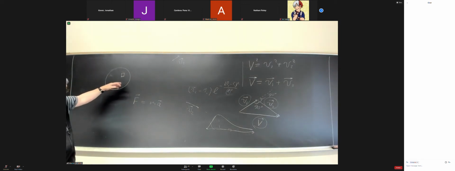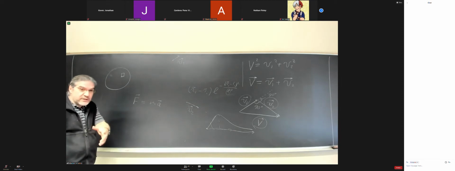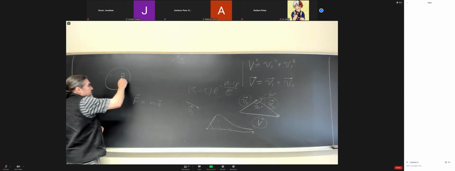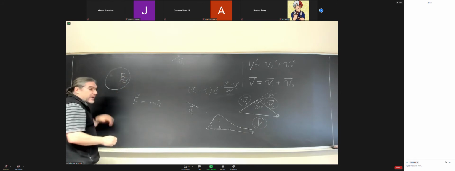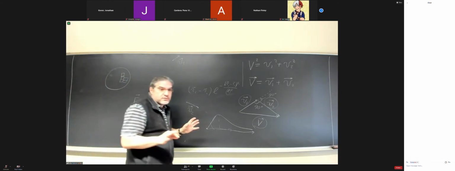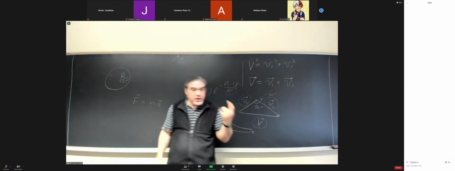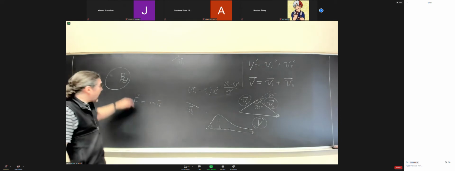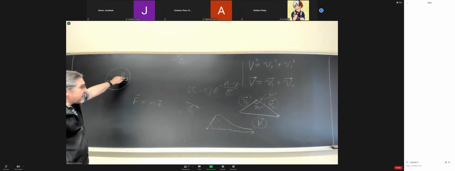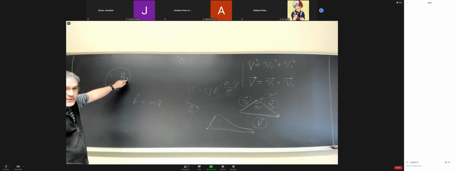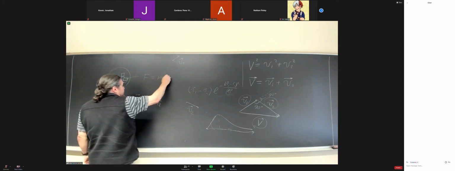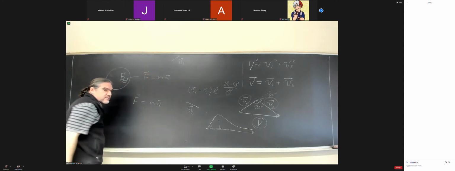But in reality, it's not the ball which is moving. I can think about the ball as a collection of many pieces, and I can split that ball any way I want. Each of those pieces is also moving, so I need to write F equals ma for each of those pieces, because those are the laws of physics.